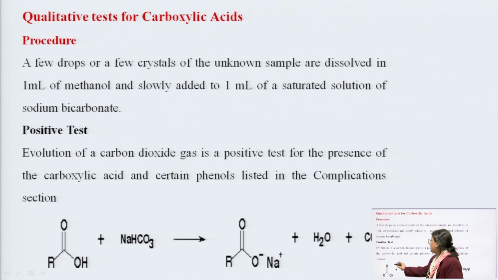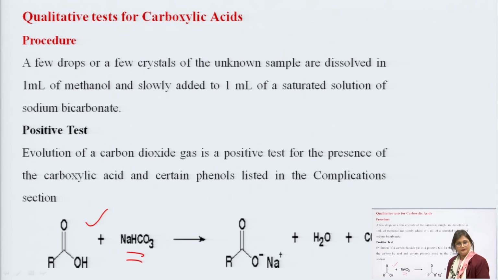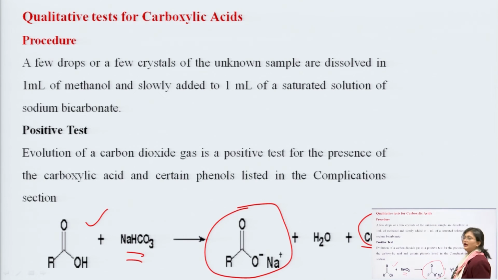If our unknown sample is an acid, upon reaction with sodium bicarbonate, NaHCO3, it gets converted into a sodium carboxylate anion along with production of carbon dioxide, CO2.